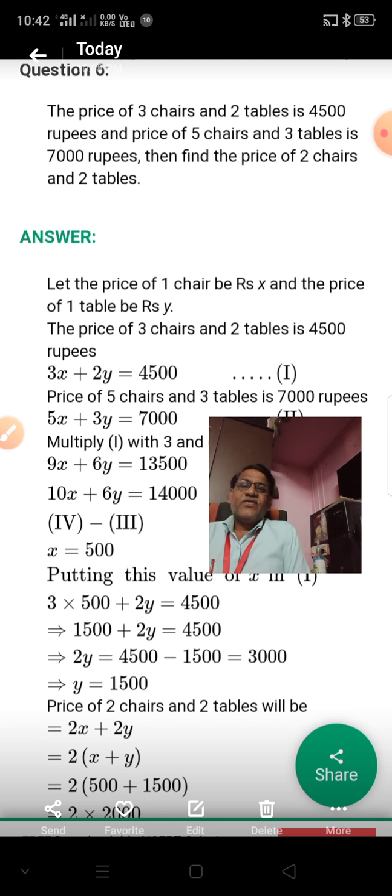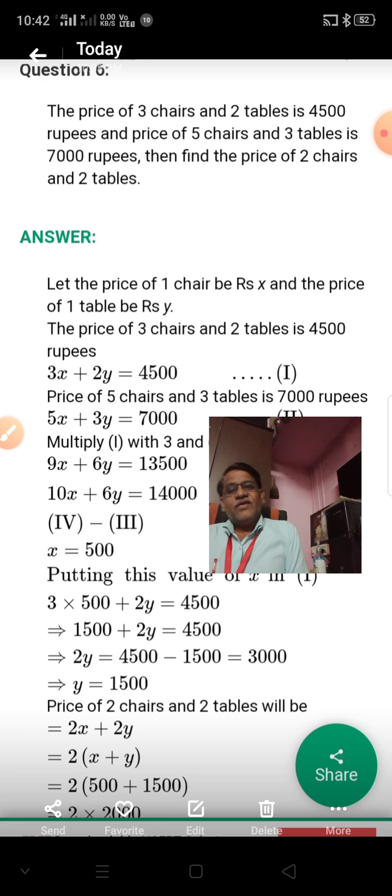The price of 3 chairs and 2 tables is 4,500 rupees, and the price of 5 chairs and 3 tables is 7,000 rupees. Then find the price of 2 chairs and 2 tables. First you have to find out the price of 1 chair and 1 table, and then you can find out the price of 2 chairs and 2 tables.